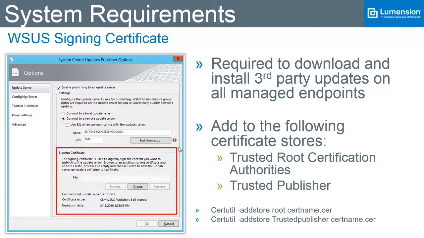We've also provided some examples via a command line interface on how you can manually import the certificates into the appropriate stores using a batch, or even package this up and deploy within the SCCM console.